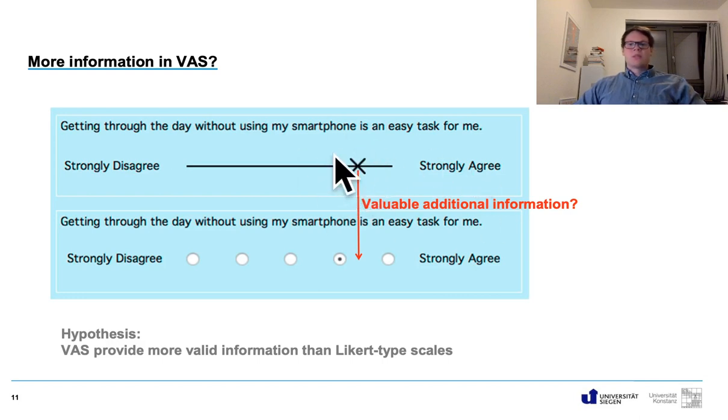So there might not be real information contained in this more fine-grained answer, but it might be something else. And our hypothesis is that visual analog scales provide more valid information than Likert type scales.